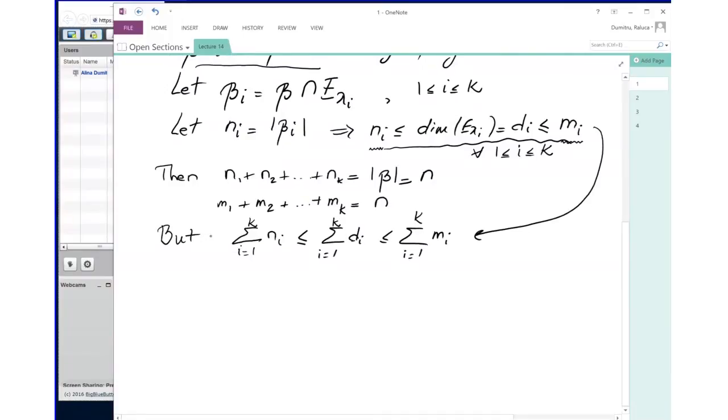And the sum of all n_i's, we just noted, is n. And the sum of all m_i is also n. So how can this happen unless that sum in the middle is also n? So the sum of d_i is n and is the same as the sum of m_i.